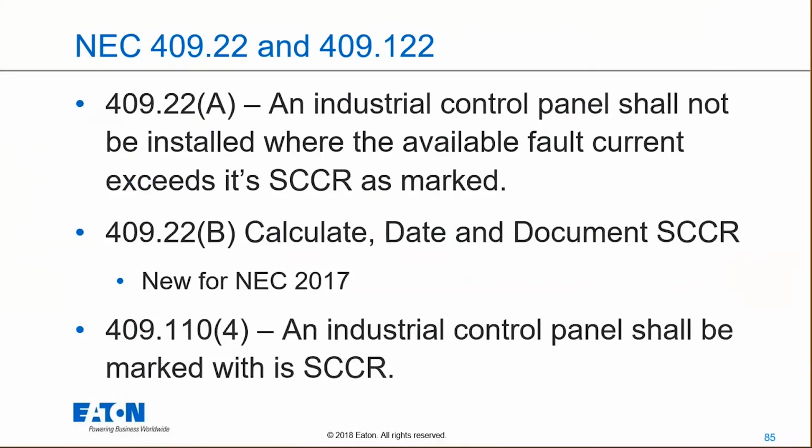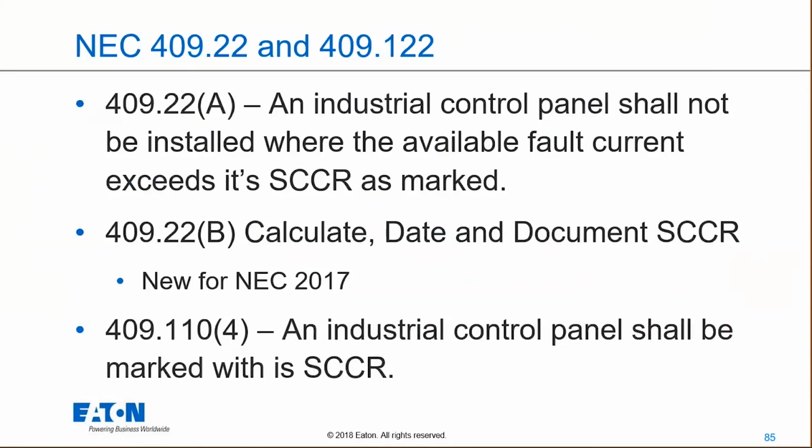The gentleman at the beginning of this conversation asked, what happens if I don't want to raise the rating? What if I don't want to use a high fault rating? Well, now if your panel is rated at 5,000 amps and you list it at 5,000 amps, it cannot be installed if whoever calculates it says, I can't install that because I have 15,000 amps available.